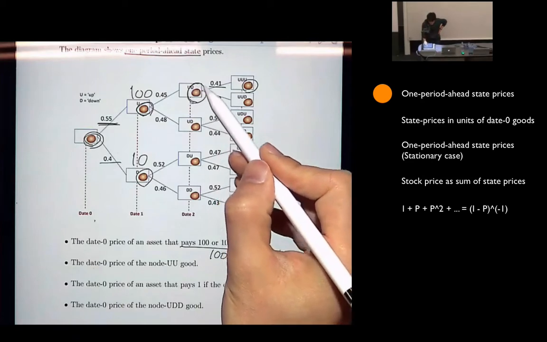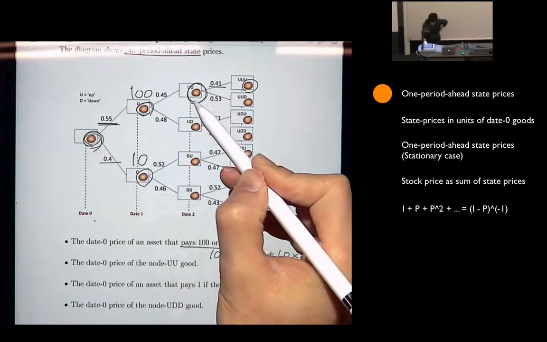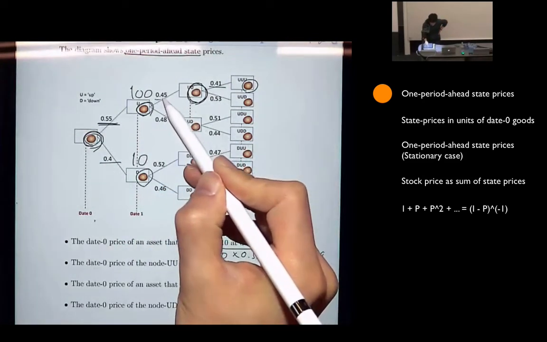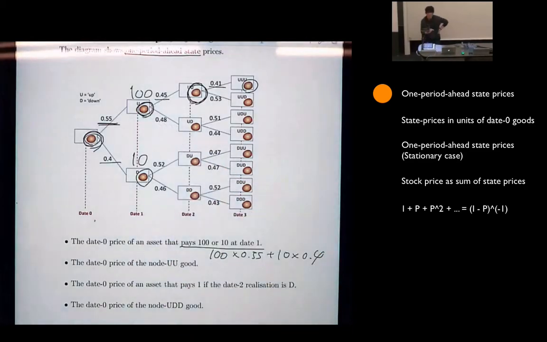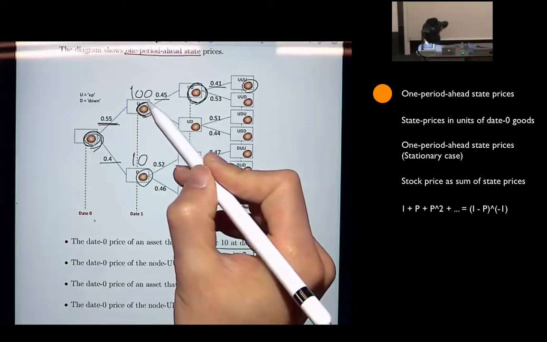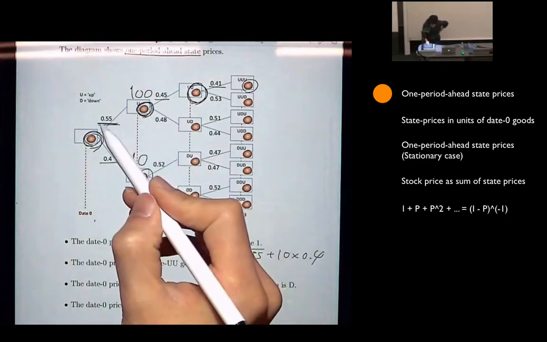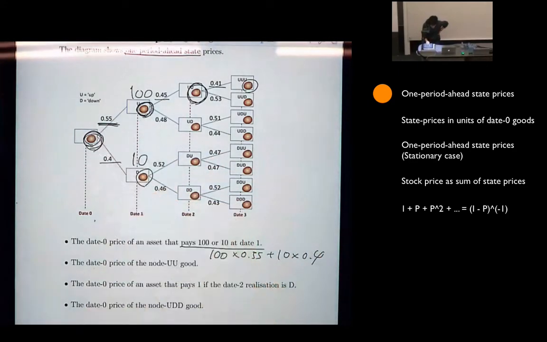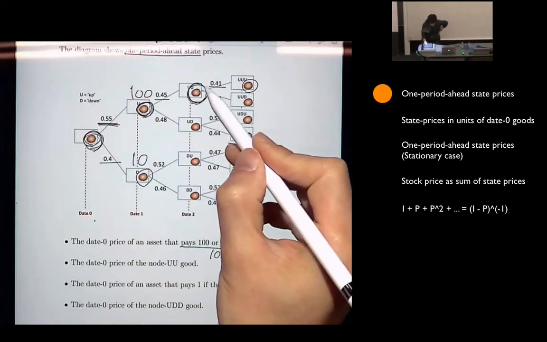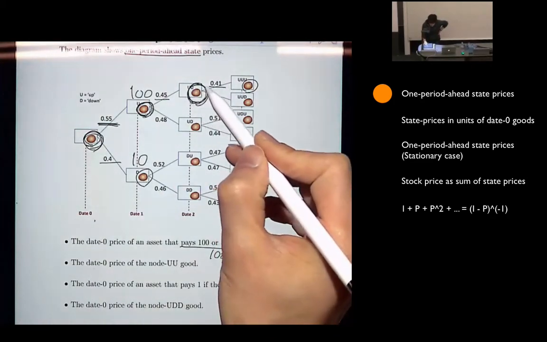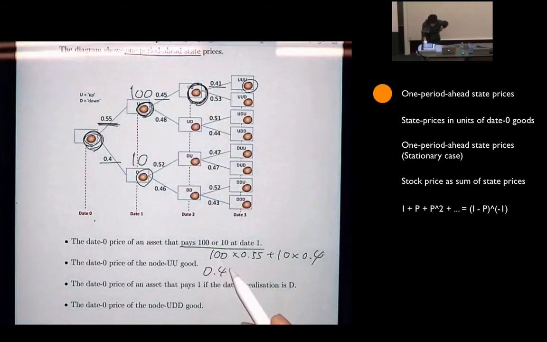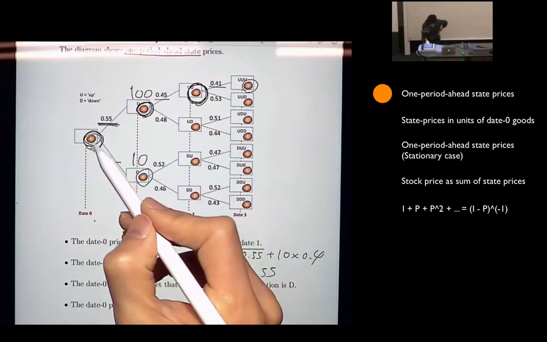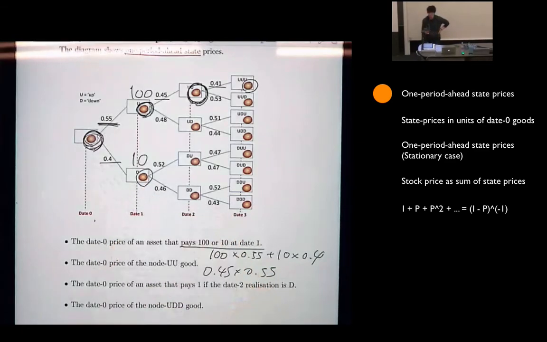The price of this potato is 0.45 units of this potato, and the price of this potato is 0.55 units of this potato. Therefore, the price of this consumption good is 0.45 times 0.55 units of the date 0 consumption good.